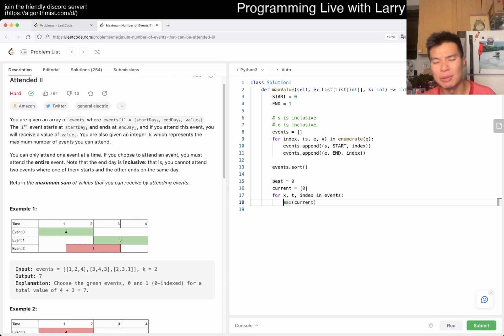I think I wrote this a little bit awkwardly. There are a couple of ways you can write this. That's why I'm a little bit confused about what's the best way for teaching. Because the other way that you can also write this is with a heap.